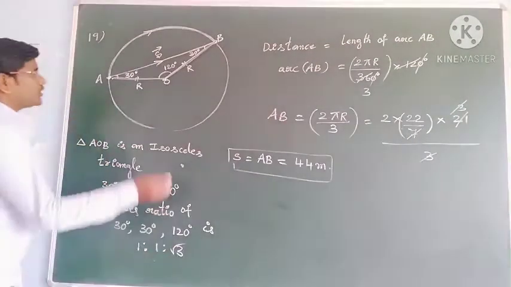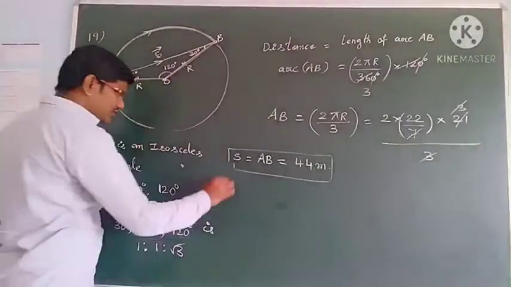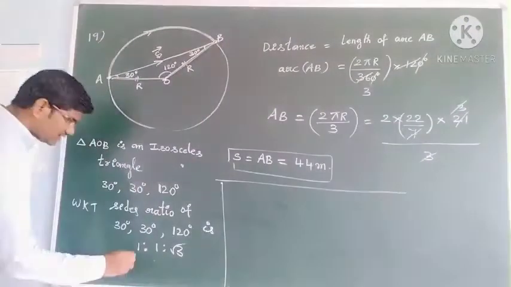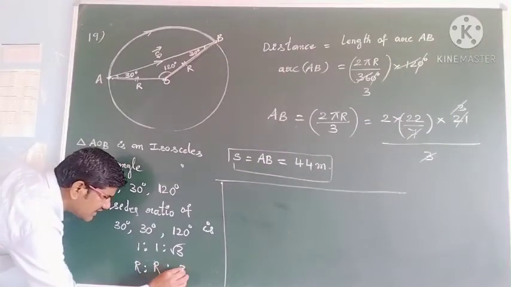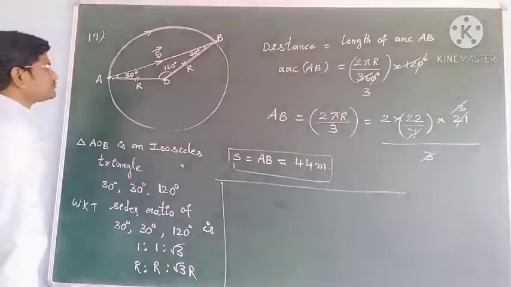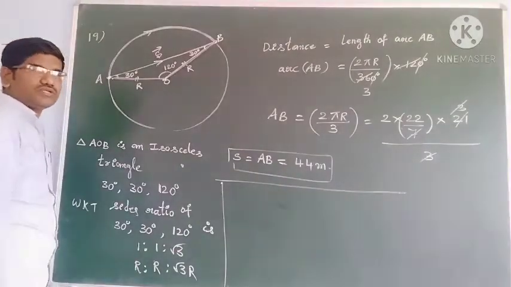That means if one side length is R, another side length is R, the next side length should become root 3 into R. So R is to root 3 into R.